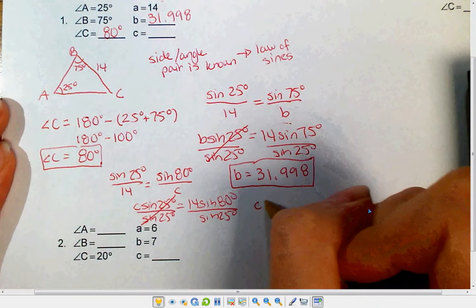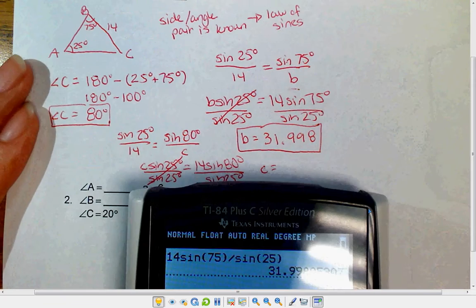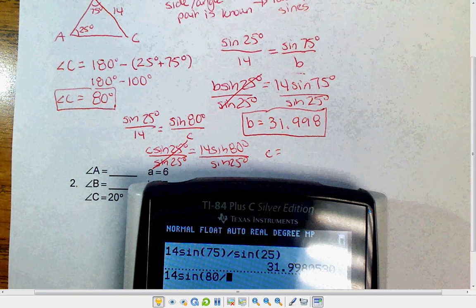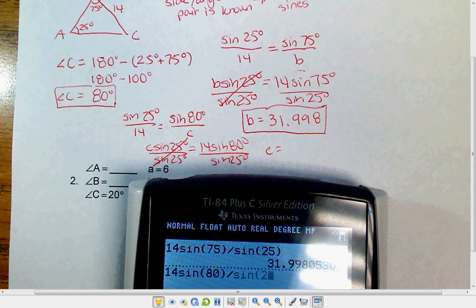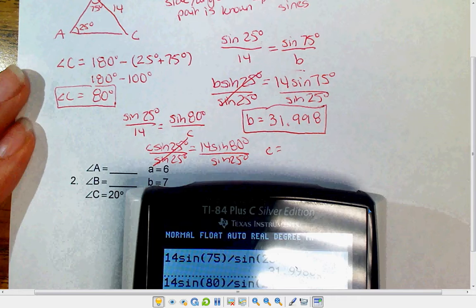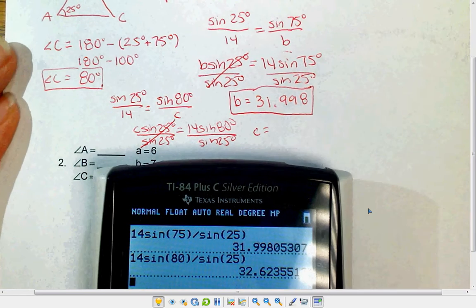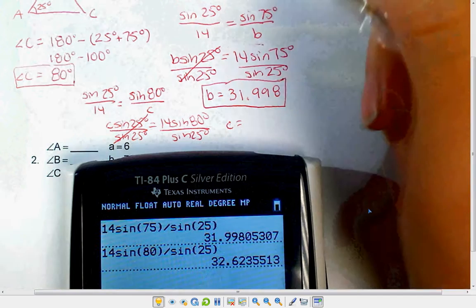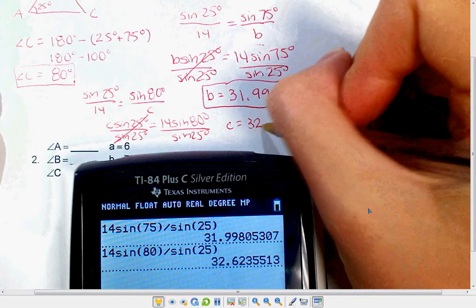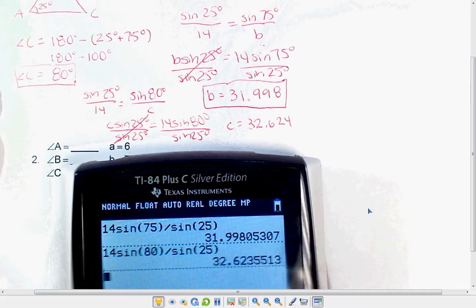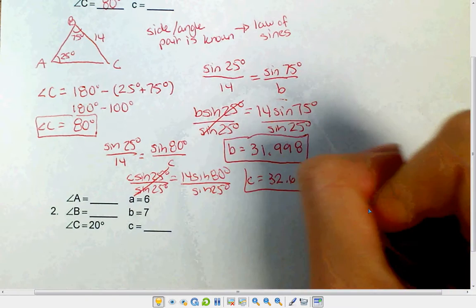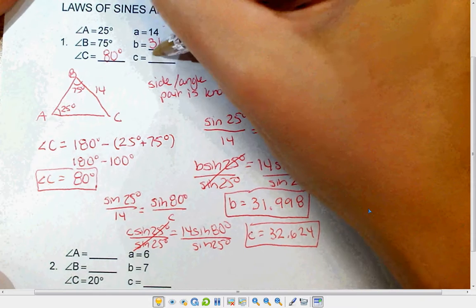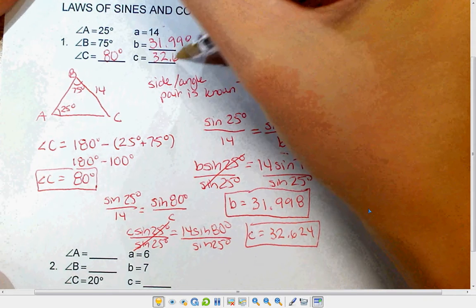And so C equals, we're going to again plug this into our calculators. And we get 32.6235, and so that 5 after the 3 tells us we're rounding up. So we have 32.624. So that is all three values for problem number 1.